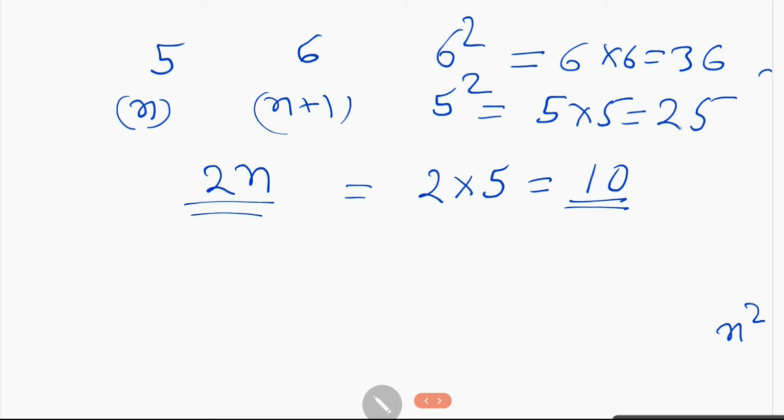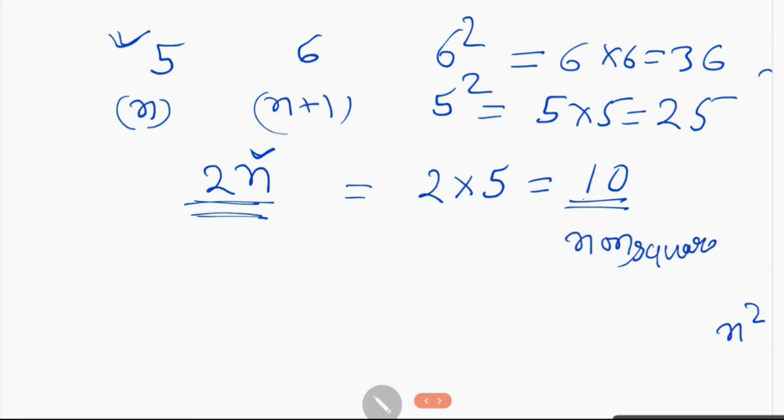You can count, but if you don't want to count and you have to find the non-square numbers between two given consecutive numbers, this is the formula: 2n. The n value is the first number, 5, and you multiply it by 2, then you get 10 non-square numbers.